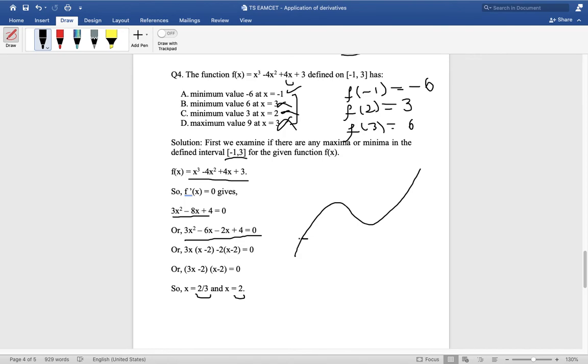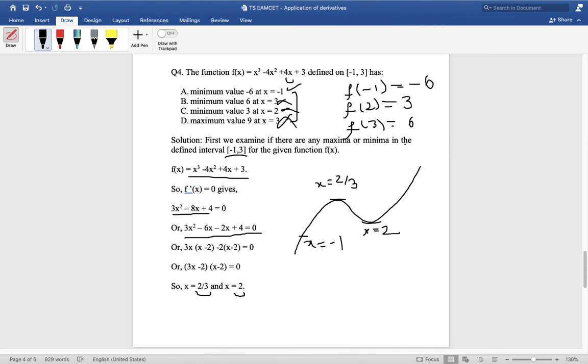So this is 2 by 3 and this is 2. This is x equal to 2. This is x equal to 2 by 3. Right? And this is x equal to minus 1. So in this case, as you can see, x equal to minus 1 has a value of minus 6.